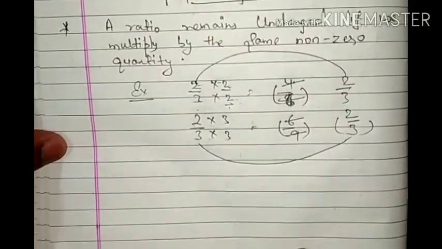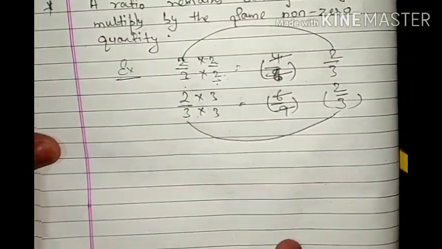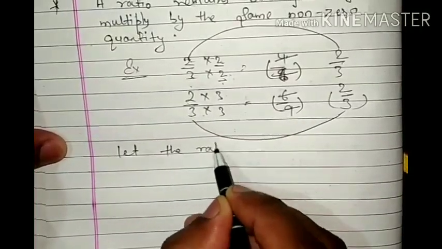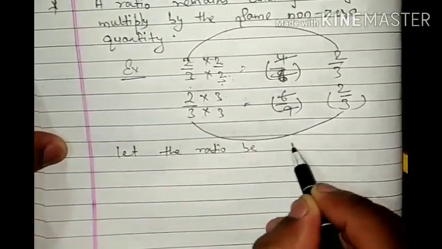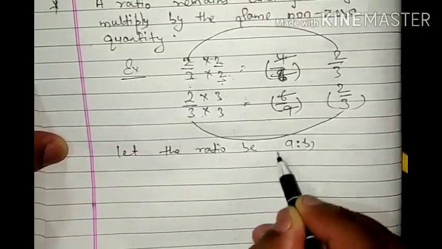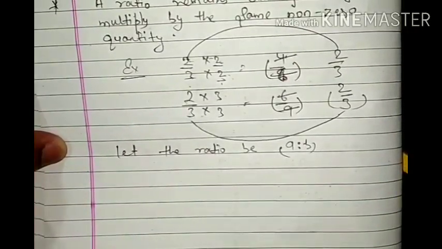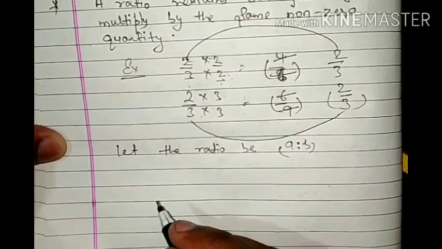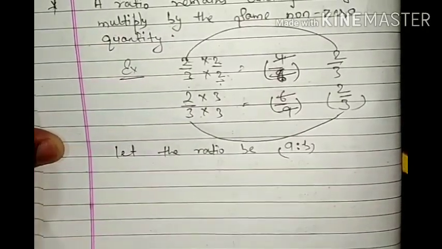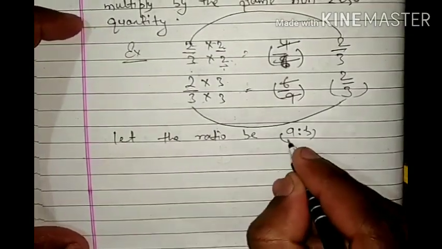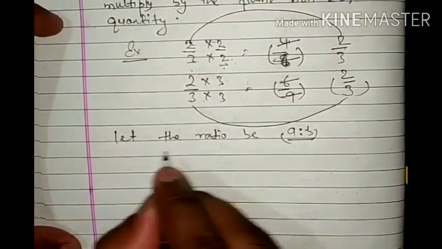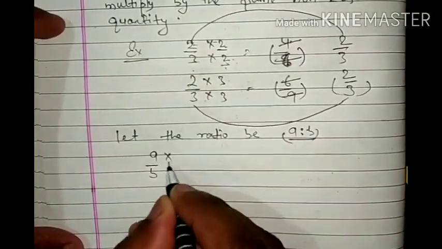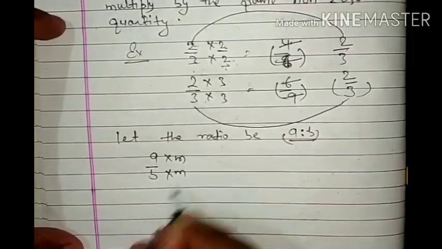And for better explanation, what can we write? Let the ratio be a by b. We can write a by b multiplied by m and b multiplied by m.